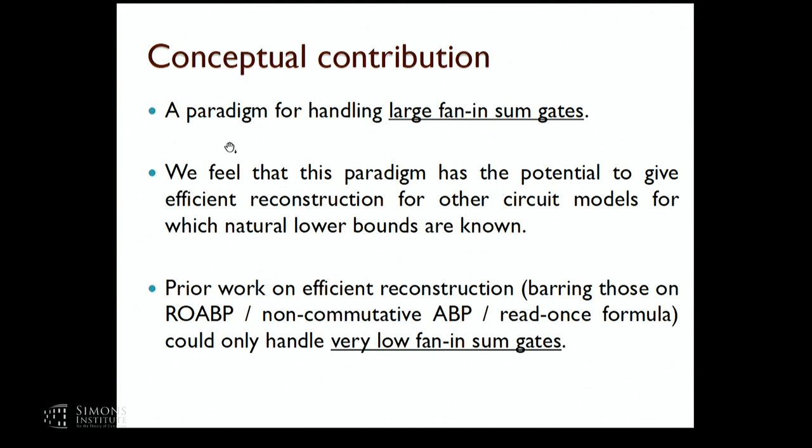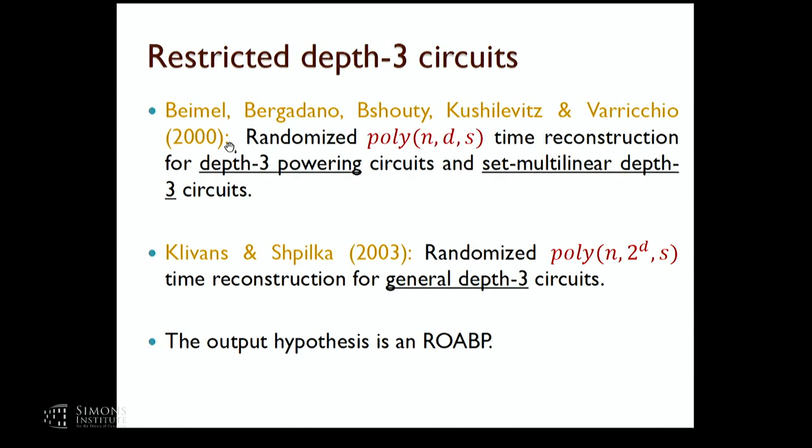So this is a good time to also review some of the related works, just to show that they do work when the fan-in of the sum gates is small. Starting with the work by Bimal, Bargadano, Bishotti, Kushelevich, and Vericchio, who gave a randomized reconstruction for symmetric tensors and general tensors.